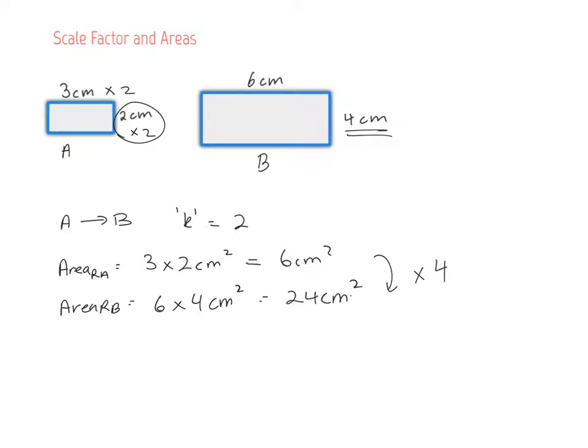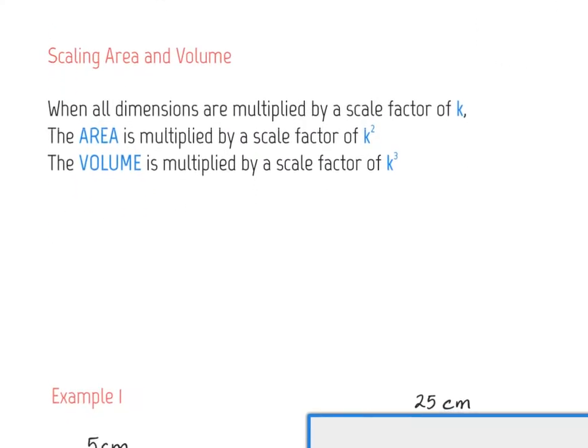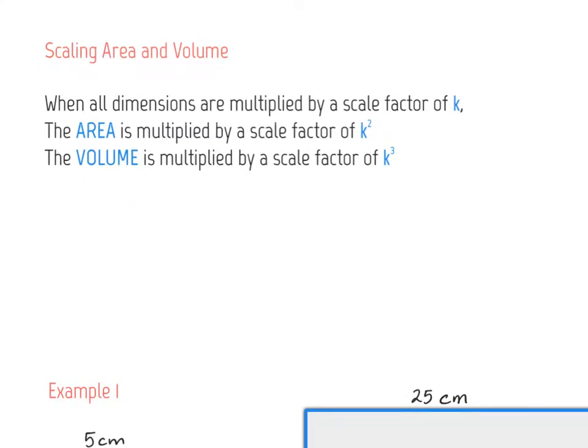But I could rewrite this using my scale factor as 2 times 2, or 2 squared, meaning I have K squared. So we could then conclude that when all dimensions are multiplied by a scale factor of K, the area is multiplied by a scale factor of K squared. So the area is enlarged by K squared, and the volume is enlarged by K cubed.